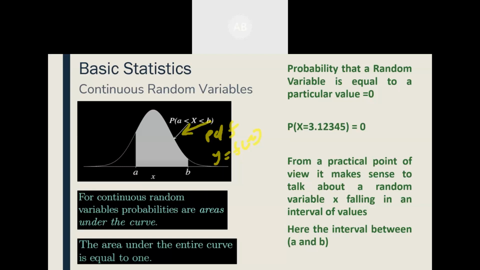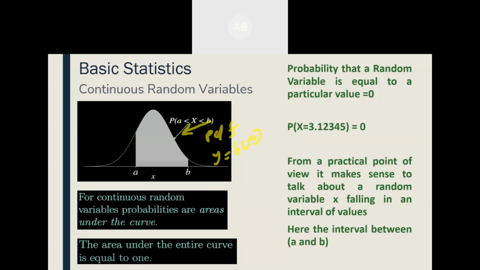In this case, the interval is from A to B, and the probability for those two values, whatever A and B may be, will be the shaded area in that particular curve. From a practical point of view, it makes sense to talk about a random variable x falling in an interval of values.